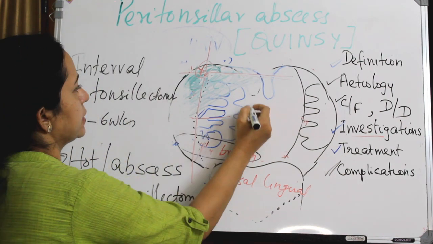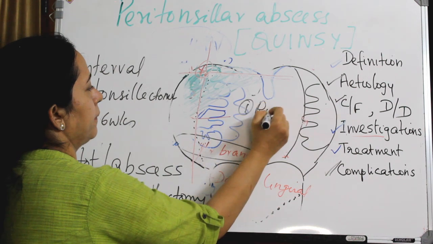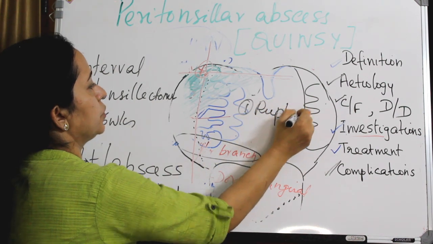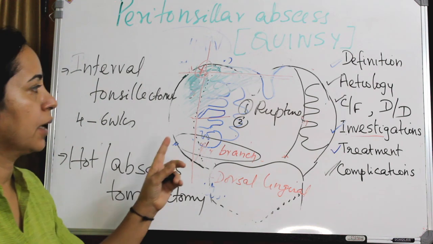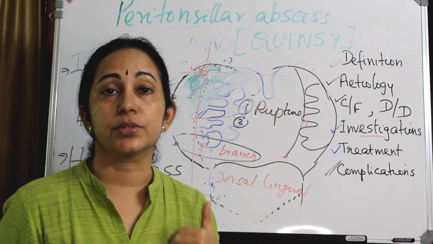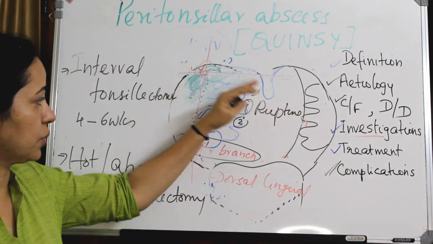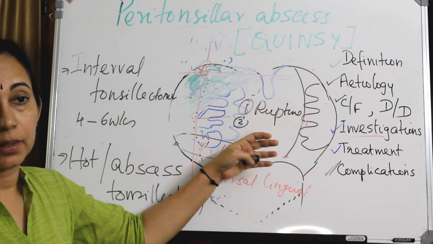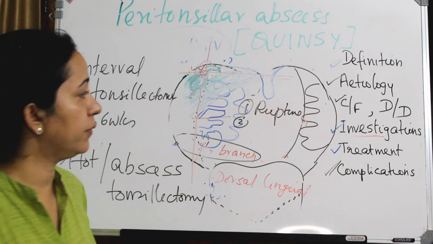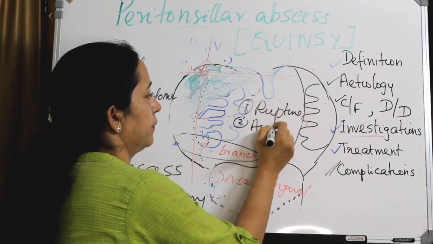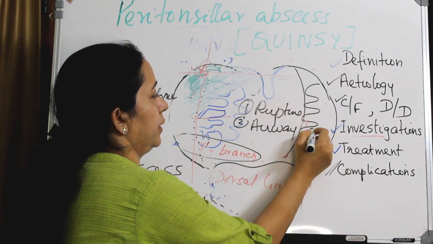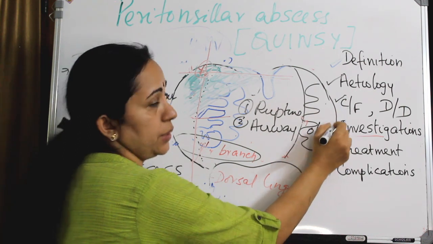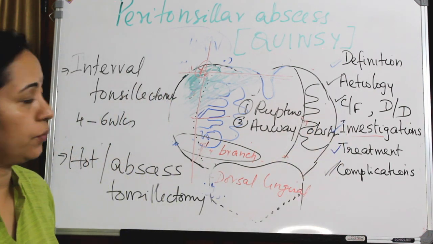So one is rupture of the abscess leading to all other complications, and second, there is chance of airway obstruction. If there is rupture or severe edema, it can go for an airway block. In that case, you have to manage the airway either by tracheostomy or endotracheal intubation, whatever it is.